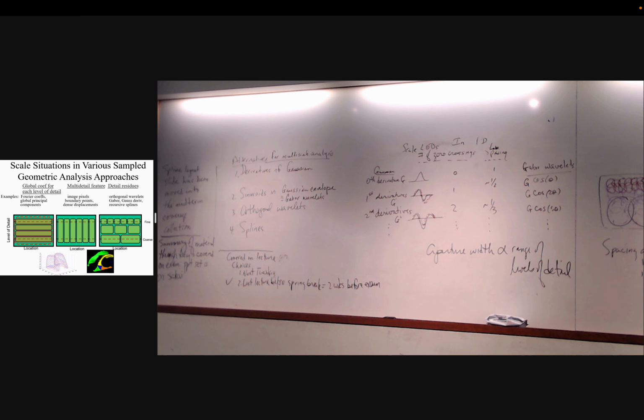Take that reconstituted, heavily blurred information and subtract it from the original image, leaving no more components at that level of resolution. And then do this analysis on what's left, on the residue.